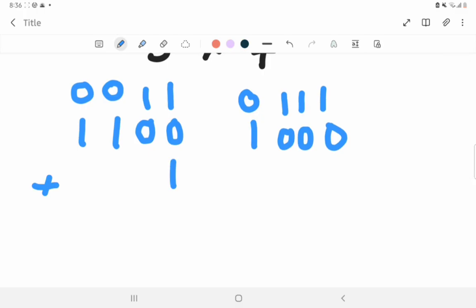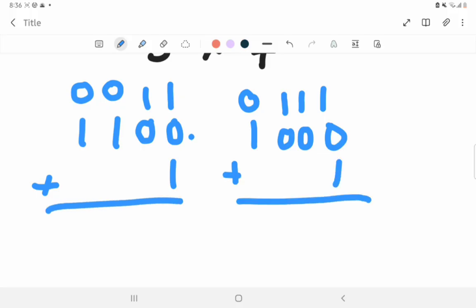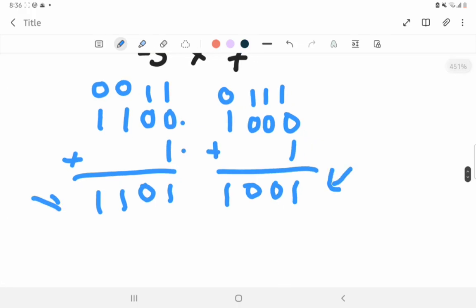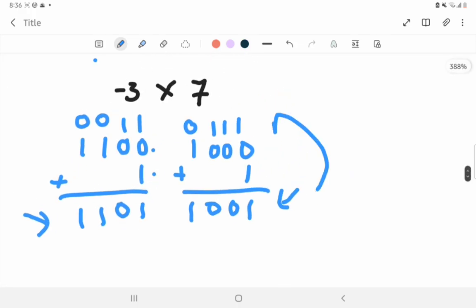What do we do? Just plus 1. So 0 plus 1, 1, 0, 1, 1, 1, 0, 0, 1. Now this is the 2's complement of 7 and 3.